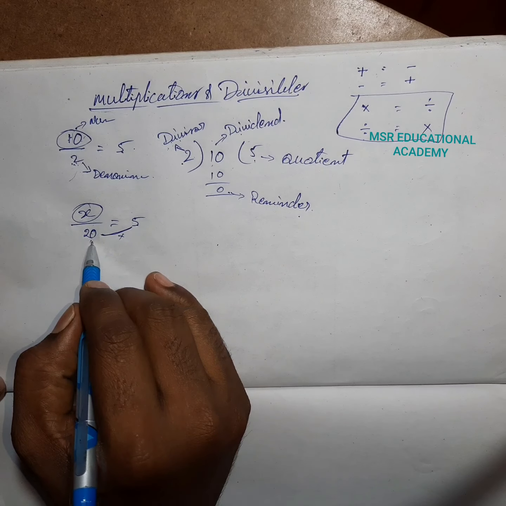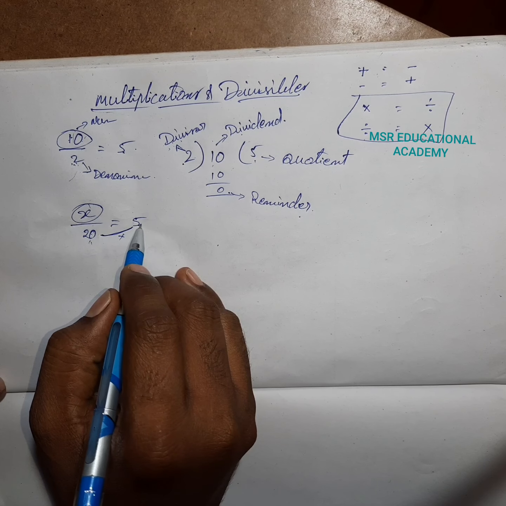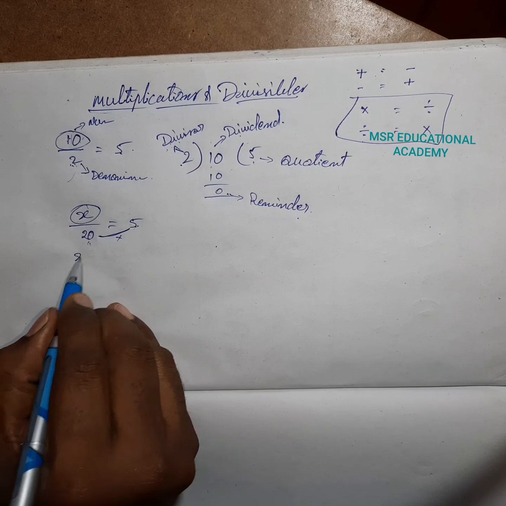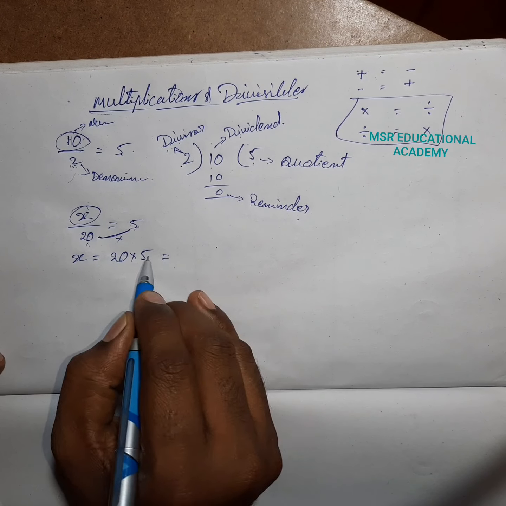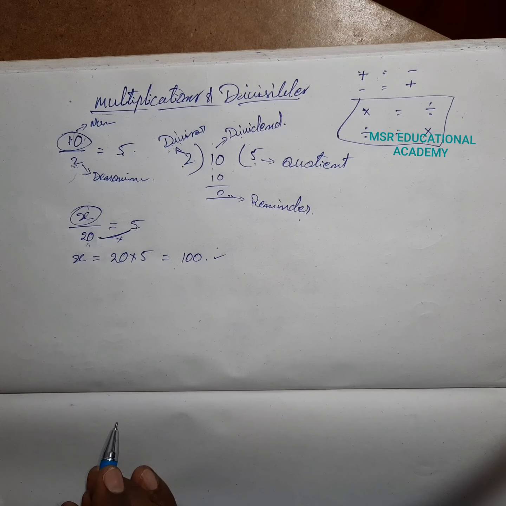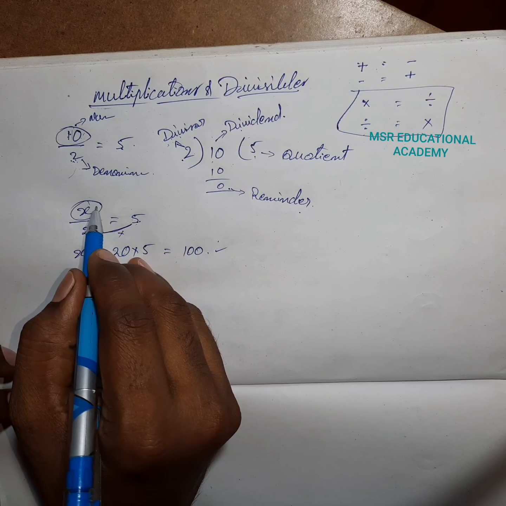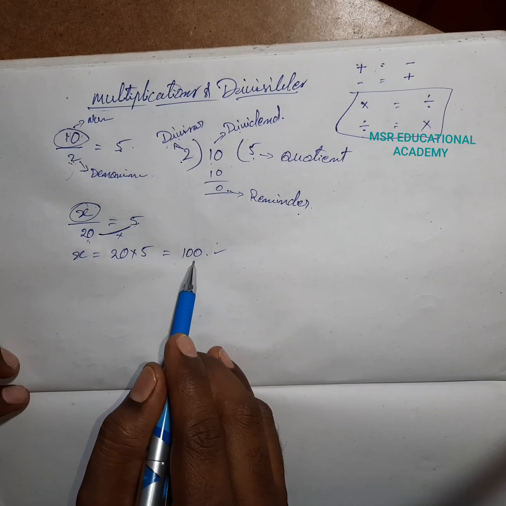Then you will get the x value, that is x equal to 20 into 5 which is equal to 100. So if you don't know the numerator, that is the dividend value, we can compute it like this.